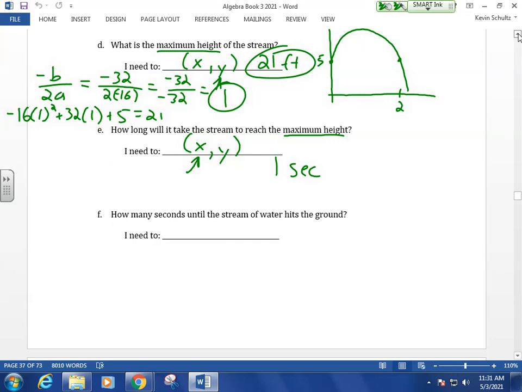Okay, which makes sense in our drawing, because if it's 5 feet at x equals 0, and it's again 5 feet at x equals 2, our axis of symmetry would be at x equals 1, which is the highest point, the vertex.